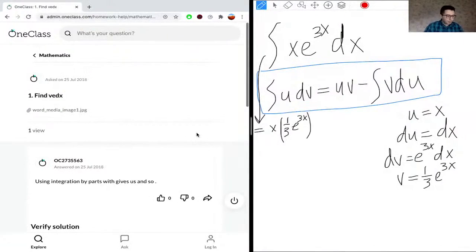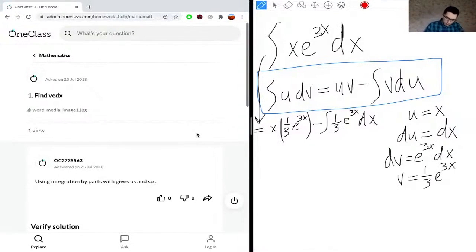So this is u times v minus the integral of v, which is 1/3 e to the 3x, times du, and du here is dx.